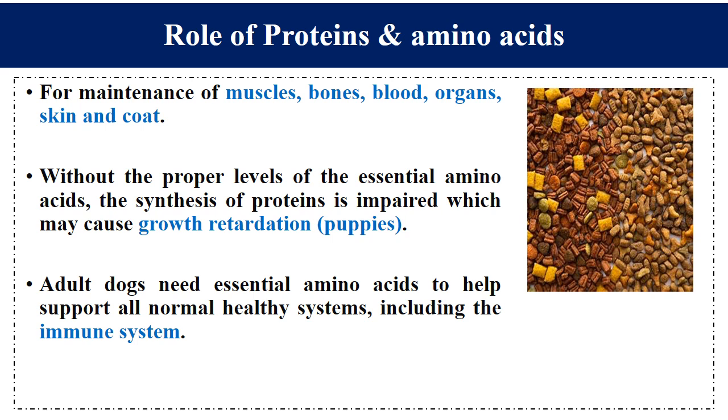So protein in pet food is very important, and quality of protein is extremely important, because high quality protein means high biological value, with a better supply of all the essential amino acids. Then the system will get all the amino acids required for the synthesis of its protein, which is required for different purposes.